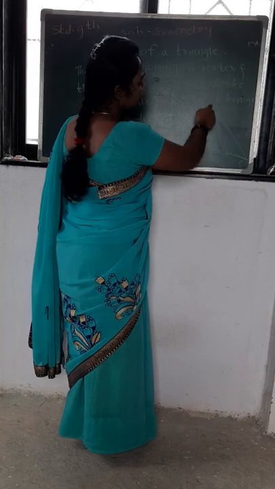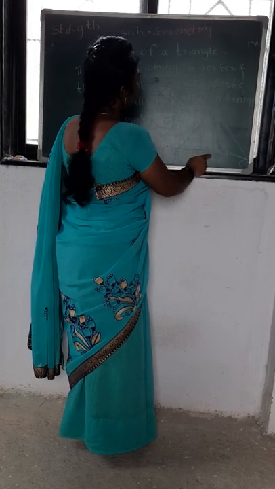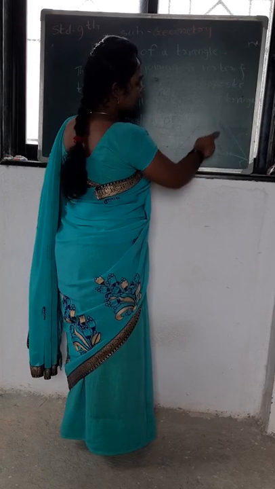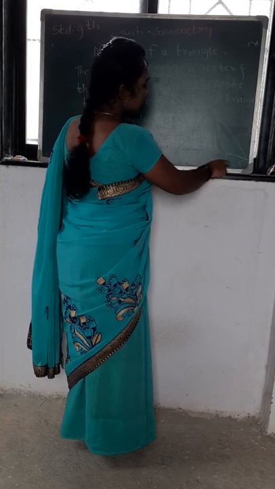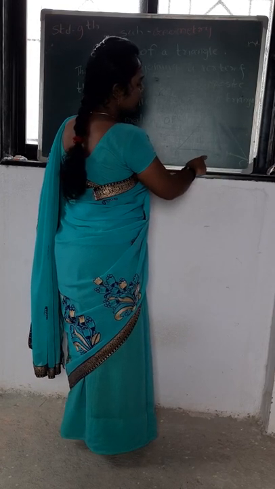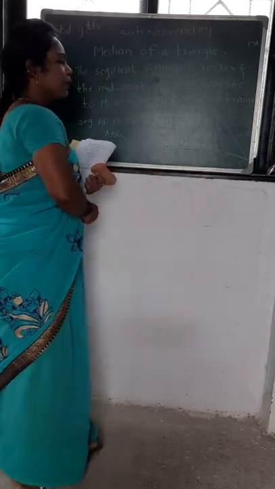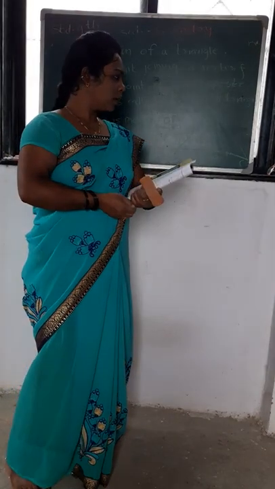The vertex is A and the opposite side is BC. Then point D is the midpoint of side BC. Then AD is called a median of the triangle.